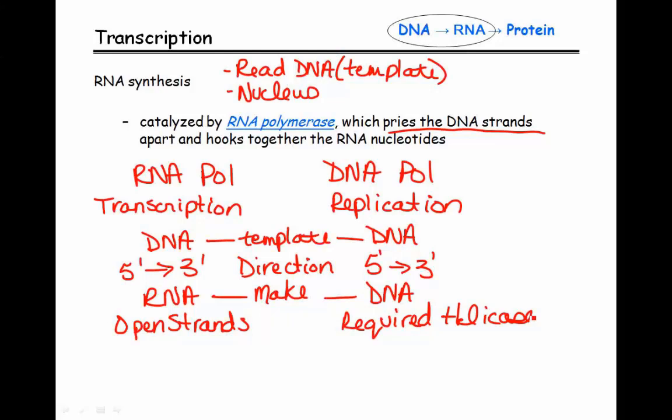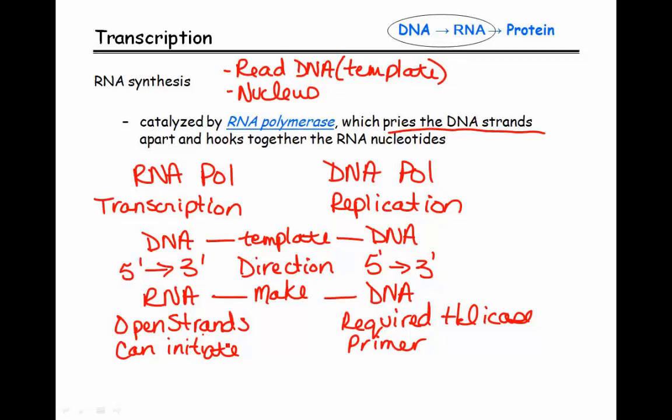Another thing necessary with DNA replication was that we had to have a primer. This one does not need a primer. This one can initiate, so it's able to add that very first nucleotide, and we don't have to have the primase enzyme involved. So it is going to be a simpler process than DNA replication.